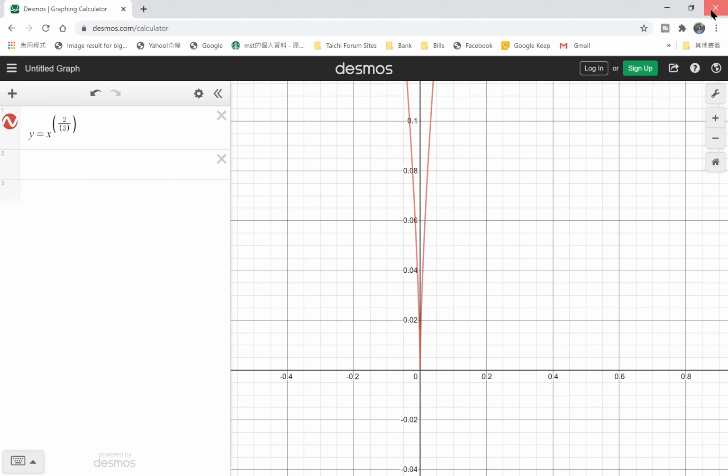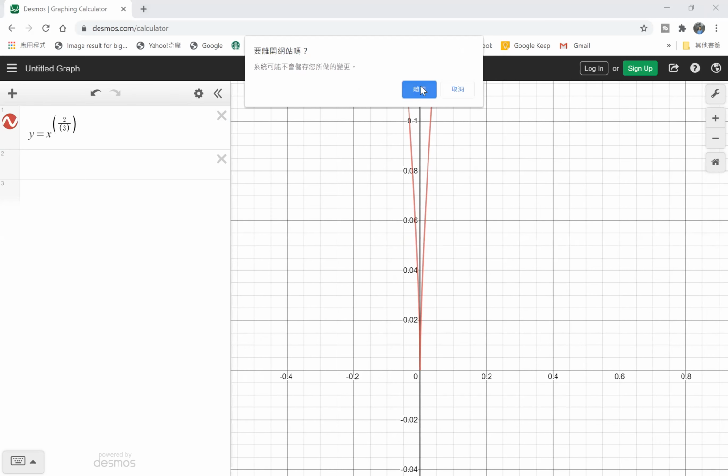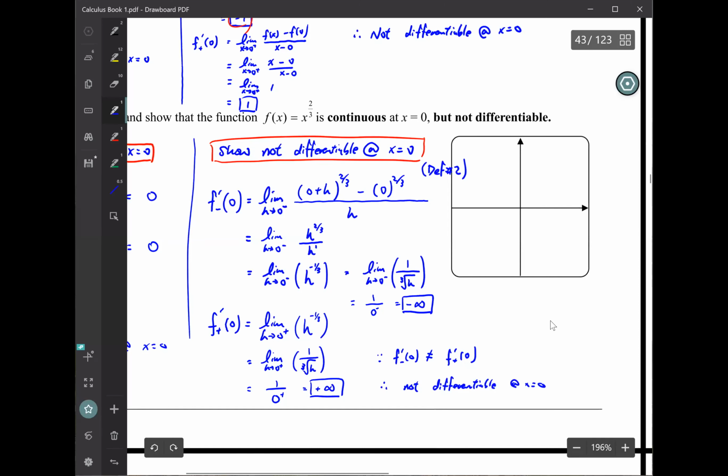Okay, let's go back and copy that graph to here. Let's change the sharing. So here's the curve. It goes like this. That's the right side, and then the left side.